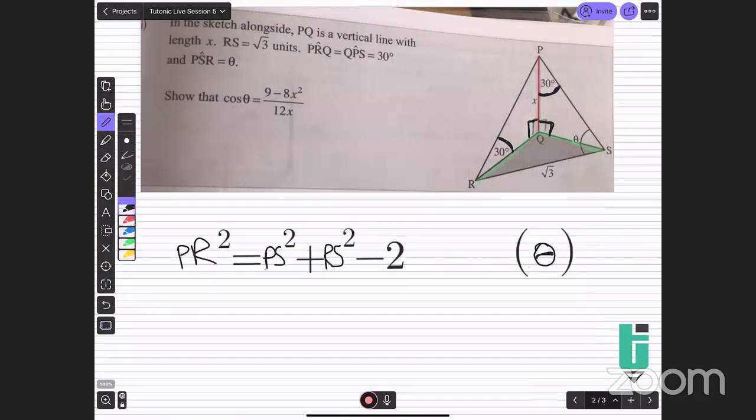PS times RS. And do we know RS? Yes, root 3. So what's RS squared going to be? 3. Okay, so we're filling in stuff, and RS is root 3. Great.